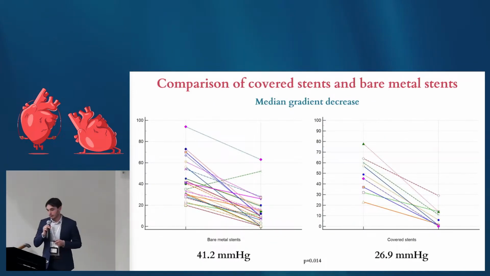And here we can see the comparison of the median gradient decrease, which was greater in the bare metal stent group, with 31.2 millimeters of mercury, compared to 26.9 millimeters of mercury in the covered stent group, and the difference was significant.